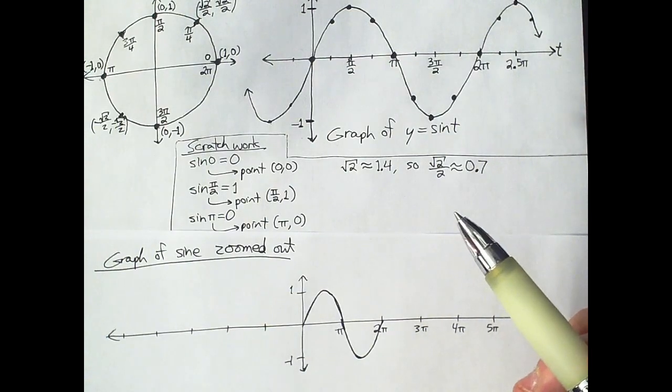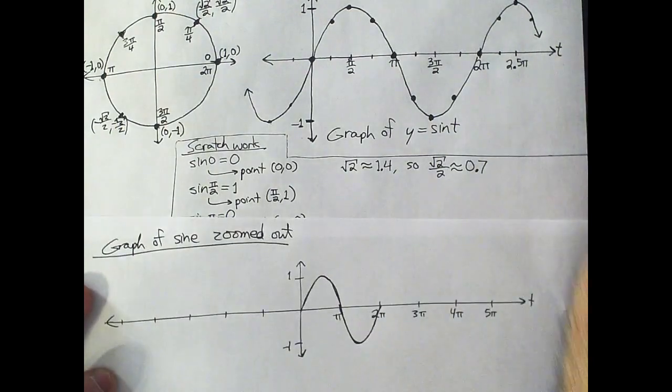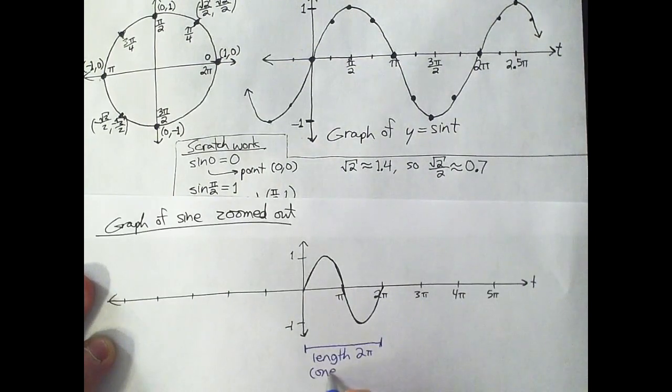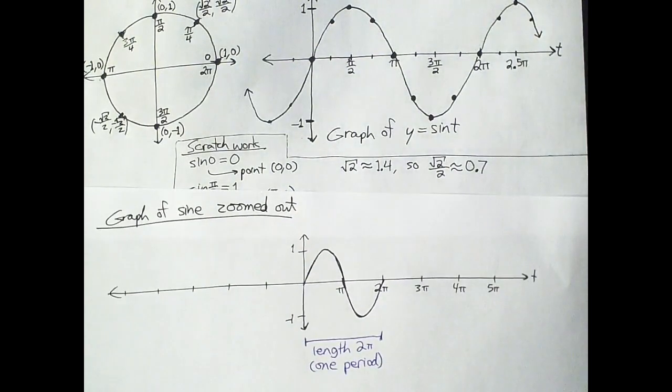So this has a length of 2 pi, and that is considered 1 period of the function, okay?